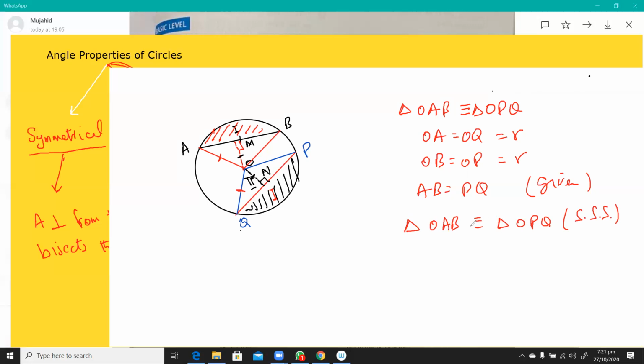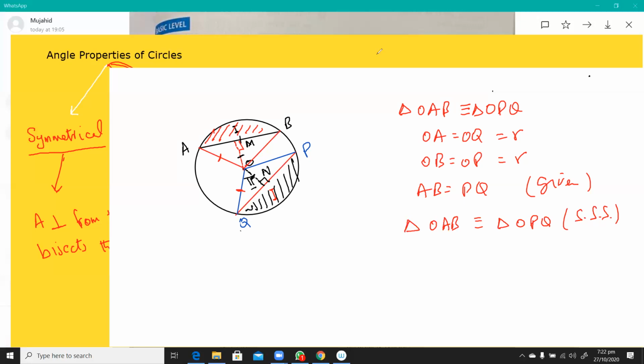When two triangles are congruent, then all of their corresponding measures are the same. So OM inside this triangle will be equal to ON inside the other triangle, because we have just shown that these two triangles are absolutely congruent to each other.